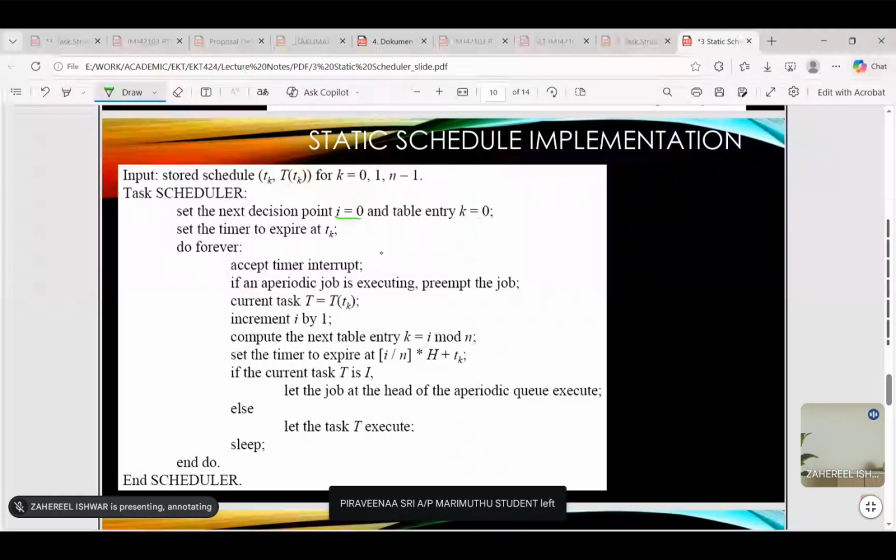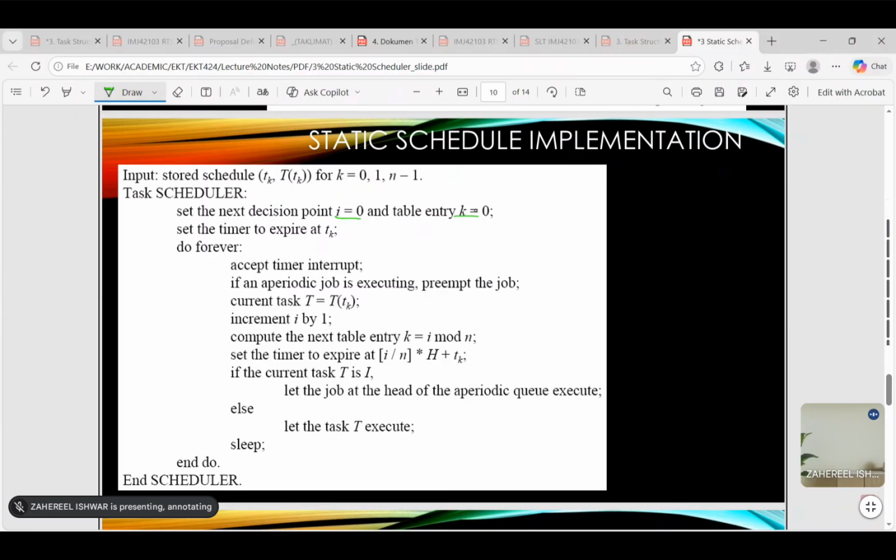I equal to 0, k equal to 0. And then we move the timer to expire at the next interrupt point, which is the next scheduling point. Then we loop forever. You just wait for timer interrupt. Once the interrupt happens, you execute the corresponding job. Then you increment your counter and so on.